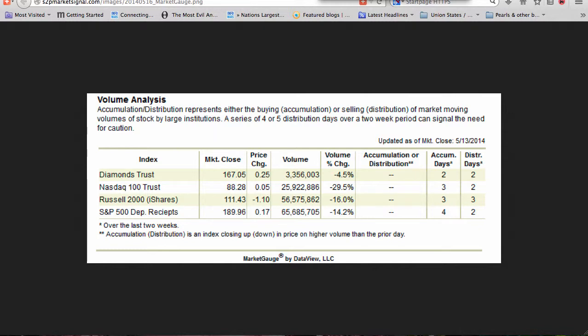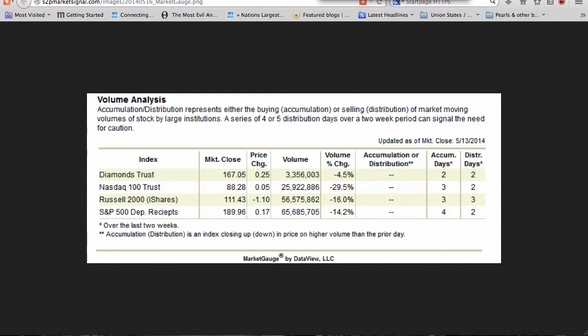Market Gauge Volume Analysis. In this week's volume analysis, the Russell 2000 ended in neither accumulation nor distribution mode. In the last 2 weeks, it had 3 accumulation days and 3 distribution days. Of the other indexes, both the Diamonds Trust and the S&P 500 Deposit Receipts ended in neither accumulation nor distribution mode.